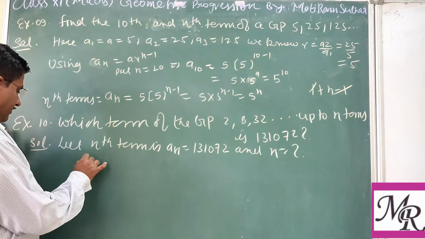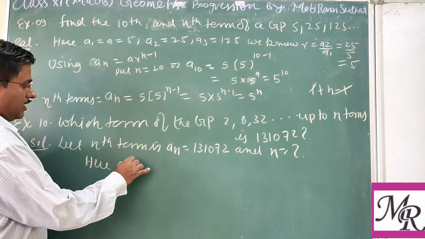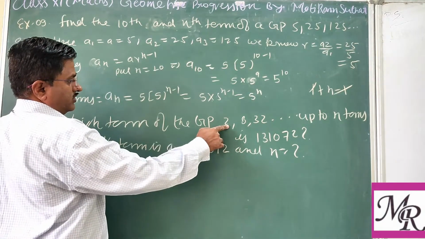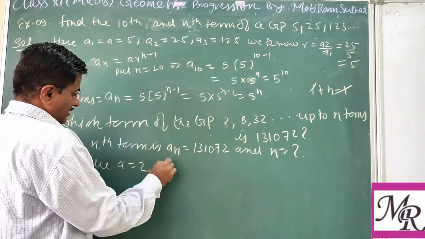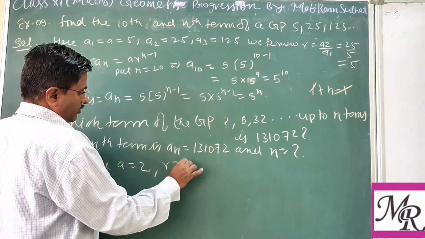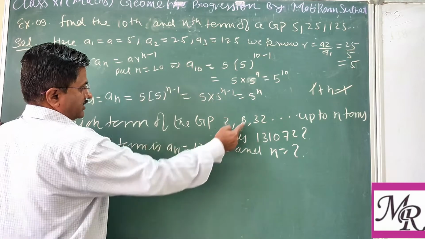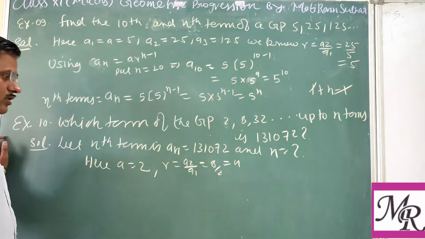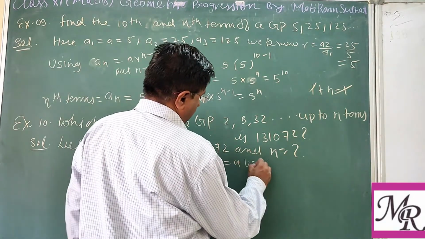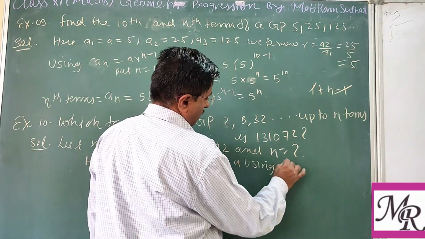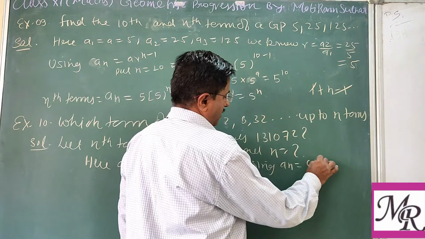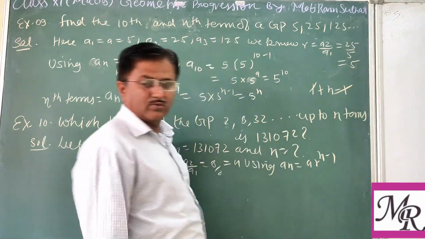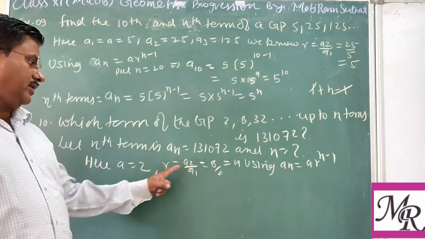So here the first term is 2. For this GP, the common ratio is A2 divided by A1, that is the second term, 8 divided by 2, that is 4. Now using the formula An equal to A R power n minus 1, we want to find n.